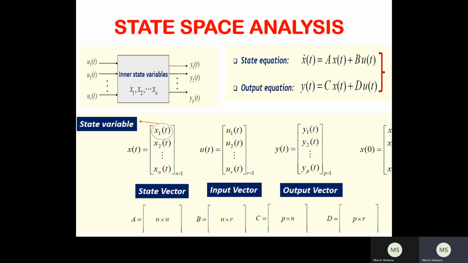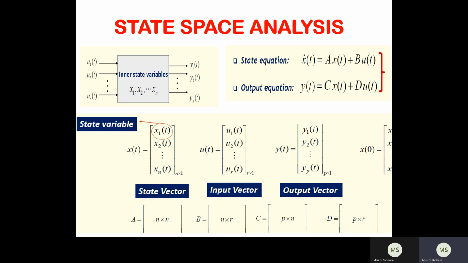Similarly x of 0 is the value when t equals 0, that is x1 of 0, x2 of 0, and so on. All of these are in matrix form, called the state vector, input vector, and output vector. The A matrix is n cross n, the B matrix is n cross r, the C matrix is p cross n, and the D matrix is p cross r.